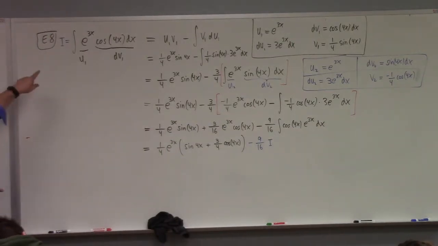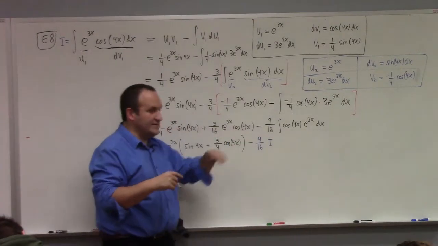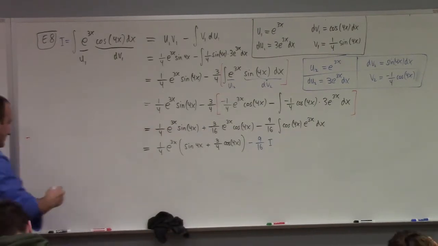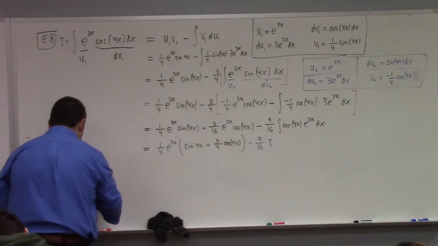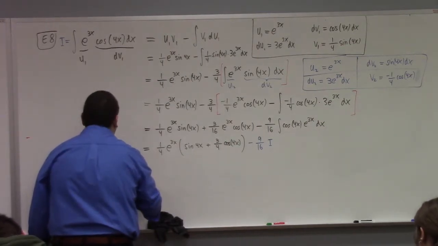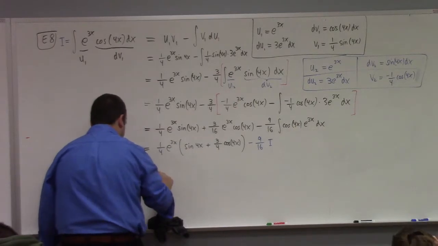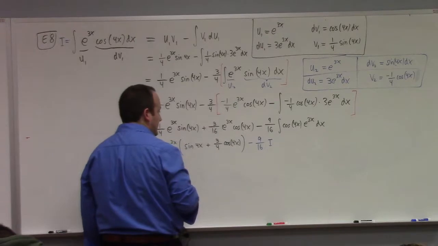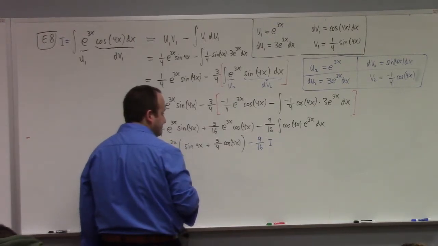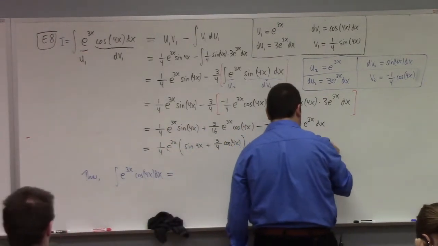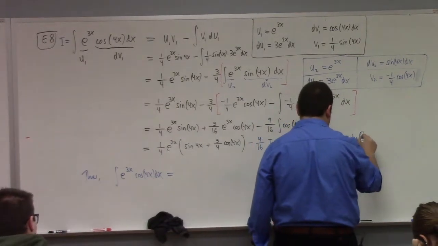So anyway, I is equal to this stuff, minus 9/16 I. All right? Therefore, the integral of e to the 3x cosine of 4x dx is equal to, what's 1 plus 9/16? 25/16 I. So what we've got is 25/16 I equals stuff, right?